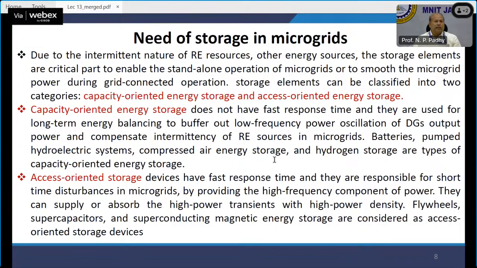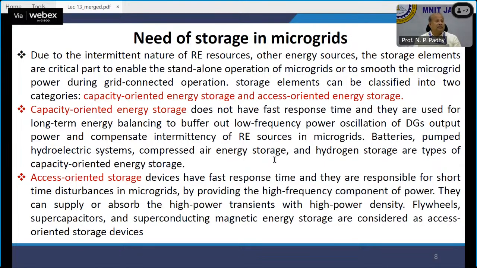So once again, I repeat, due to the intermittent nature of renewable energy sources, that is, both PV and wind, they do not continuously produce energy. Am I right? And the frequency of energy production keeps on varying. And even for some other energy sources, the storage elements are critical, because if you like to meet a load of, let's say, 10 kilowatt, and if you generate energy 6 kilowatt, 20 kilowatt, 14 kilowatt, 2 kilowatt like this, then how do you meet a load of 10 kilowatt?